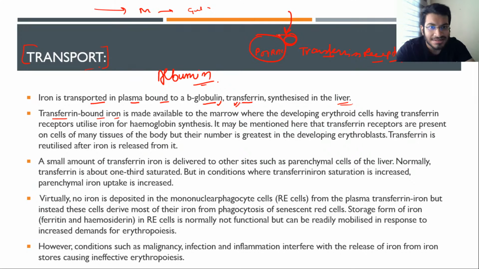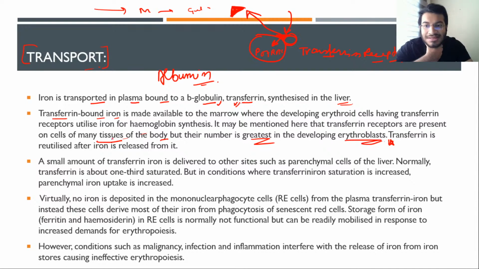It attaches, then this transferrin is reutilized and iron enters the cell, right? And iron is utilized in the heme formation, right? And it may be mentioned here that transferrin receptors are present on the cells of many tissues of the body, but their number is greatest in the developing erythroblast.